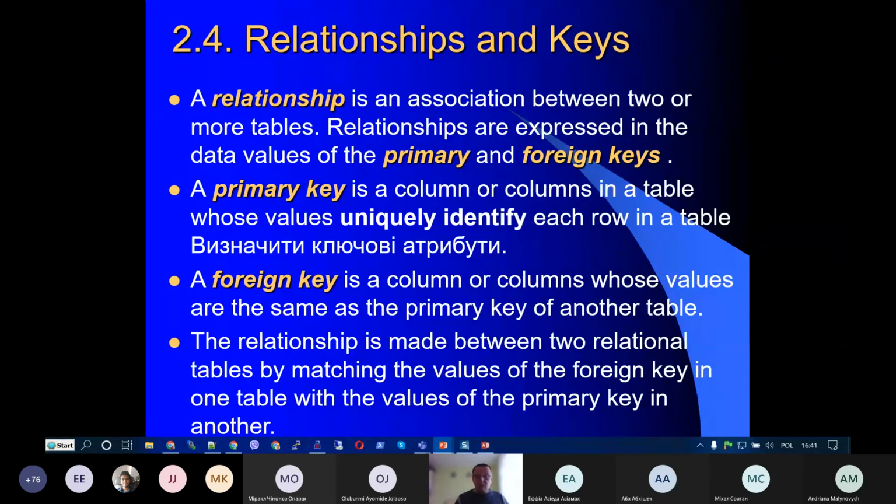It could be a combination of already existing data, or, a very common practice, an extra synthetic column is added, which is very often not visible to the user but provides information for the relational database system itself. Sometimes these are called IDs, various types of IDs. So this value plays a role only inside this database.